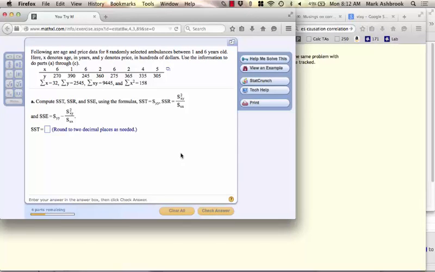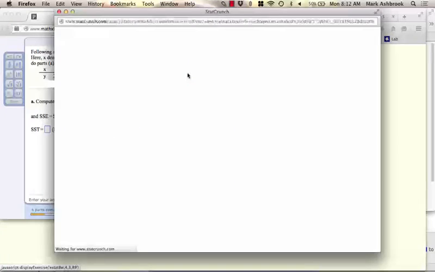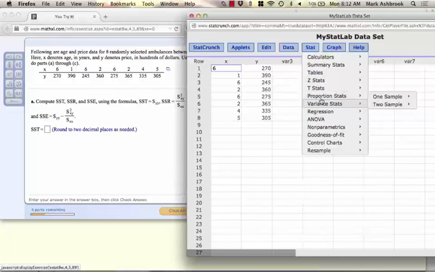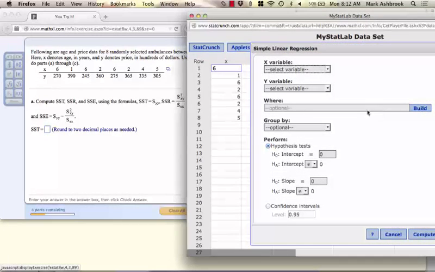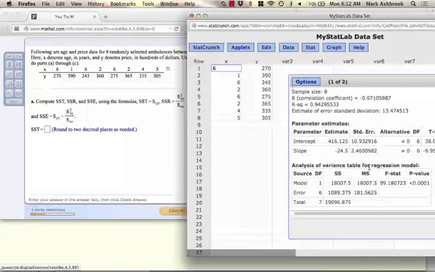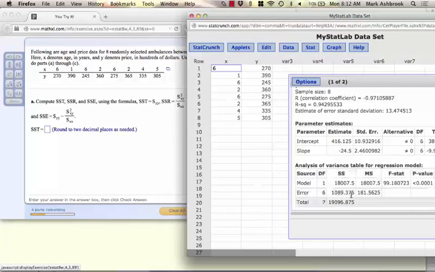Okay, so here are our ambulances. We're going to analyze that ambulance situation again, but now in terms of these variances. So we go stat, regression, simple linear, x, y. Okay, SST, the total variance, down here in the table at the bottom, is the sum of squares.